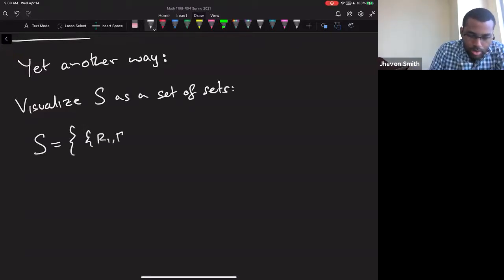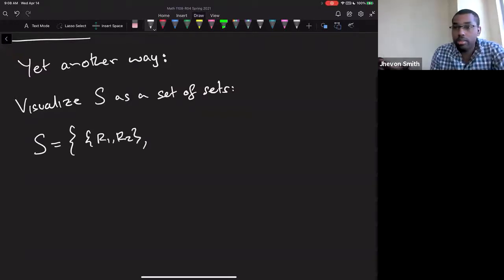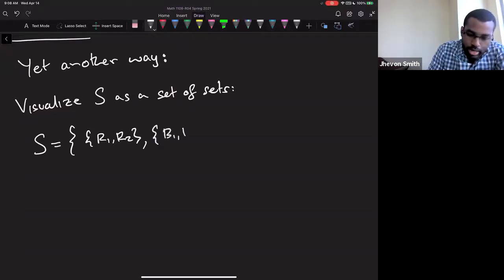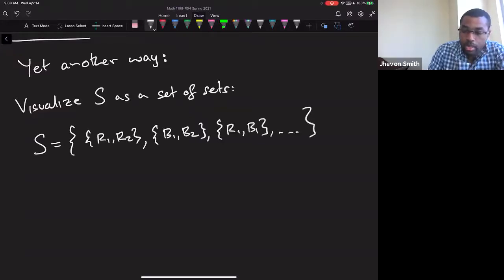So you have red 1, red 2. And this accounts for if I pick red 1 first or red 2 first, or the order doesn't matter to me. Or I can have a set of black 1 and black 2. Or I can have a set of red 1 and black 1. Or I can have a bunch of different things.